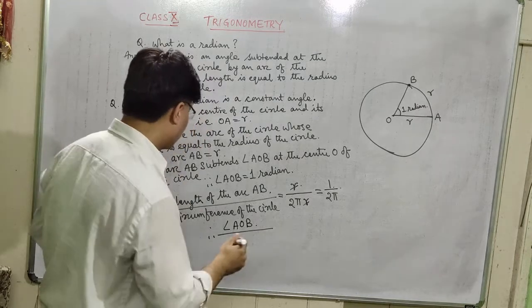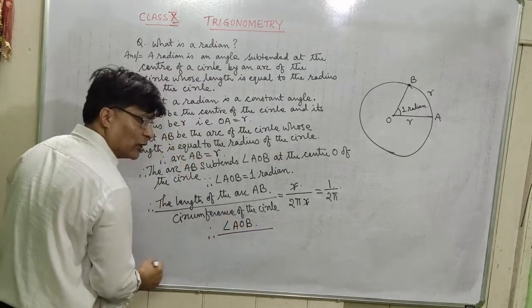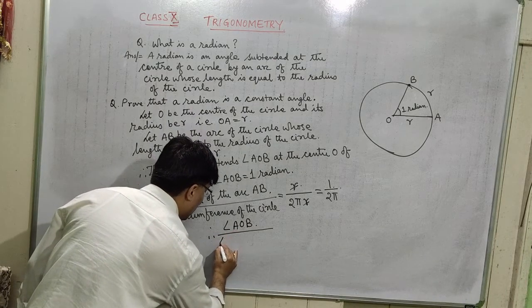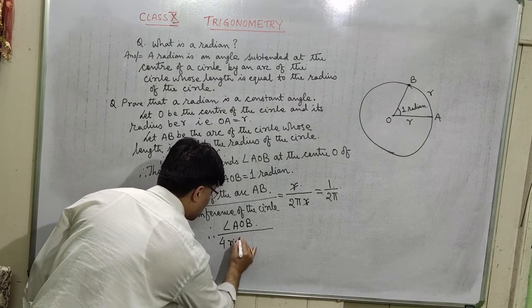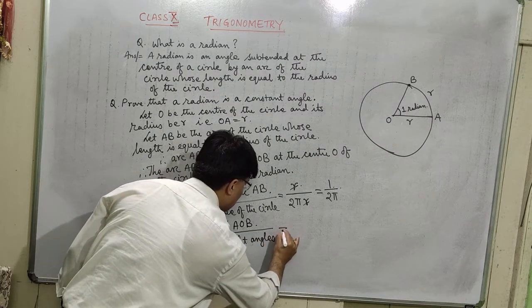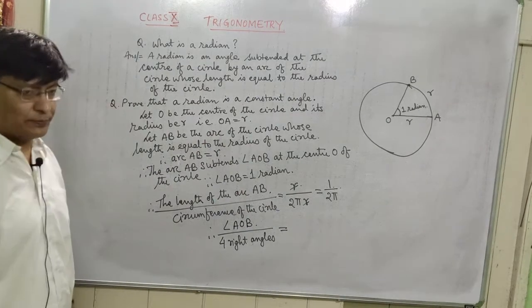Is that clear? So this is angle AOB divided by 4 right angles is equal to.